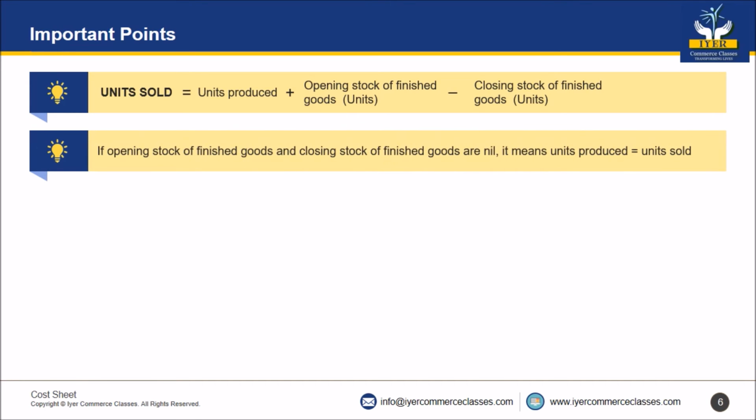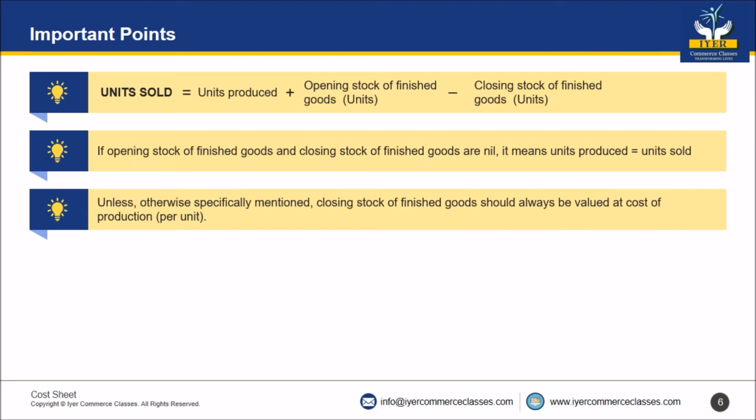Number 2, if opening stock of finished goods and closing stock of finished goods are nil, it means units produced is equal to units sold.